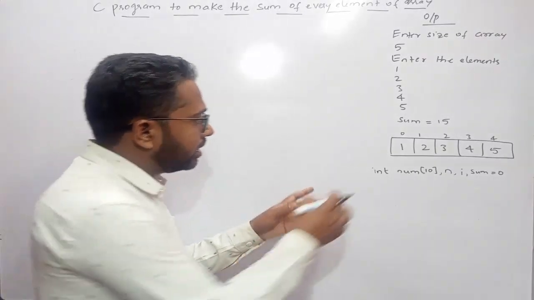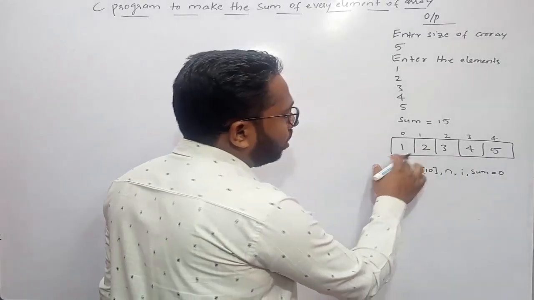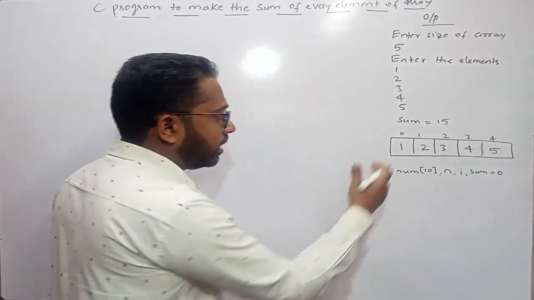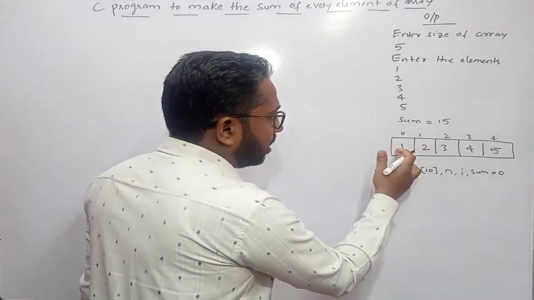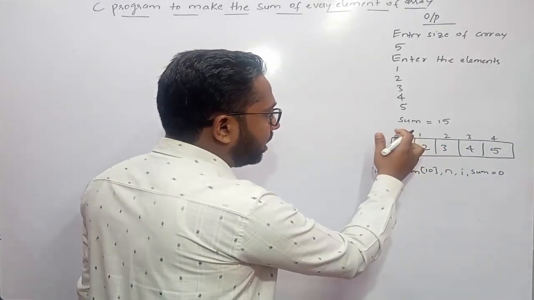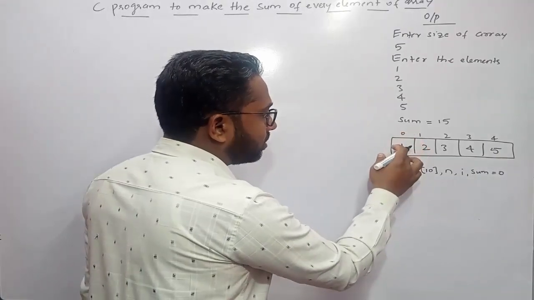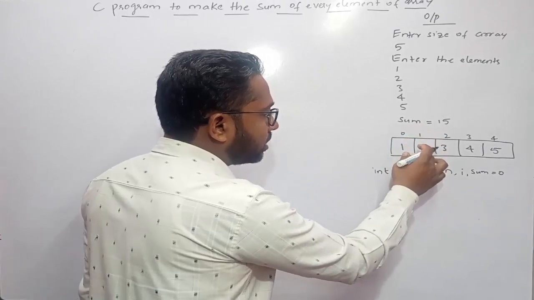So now what should be our approach to make the sum? As you can see here we have an array and we have 5 numbers present inside the locations of the array, where each item gets accessed with the index of that location. That means index 0 is used to access 1, index 1 is used to access 2, like this.